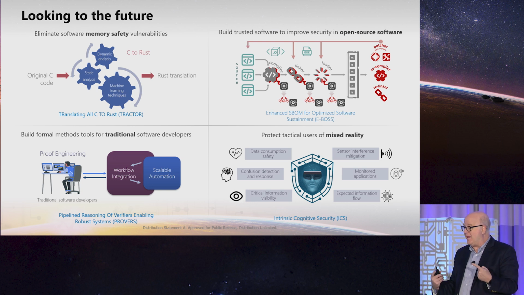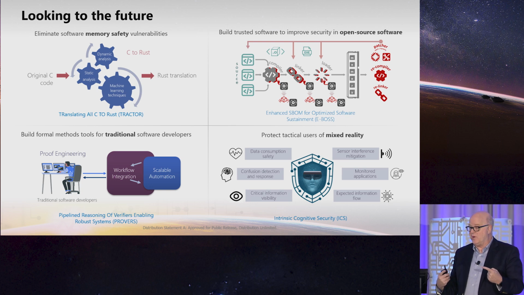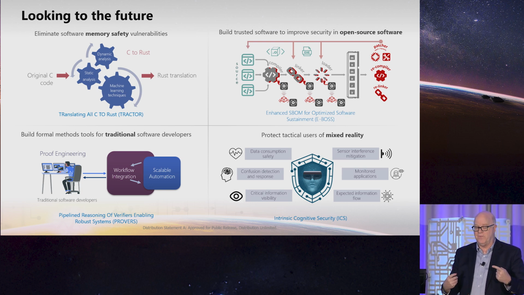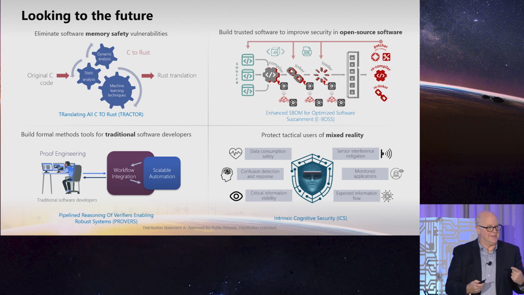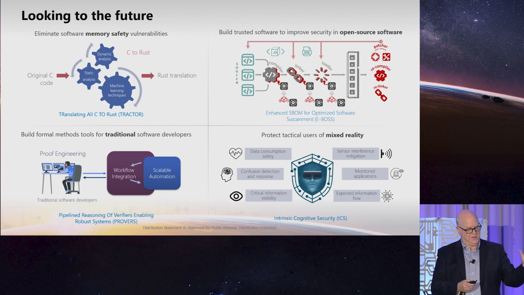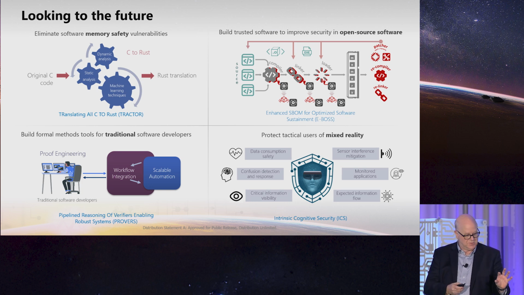Even beyond that, a lot of the software that we're integrating is open source software that has all kinds of unusual provenances and all kinds of vulnerabilities in it. What kinds of tools can we develop that allow us to use open source software in a very reliable way, which is the focus of the EBOS program.